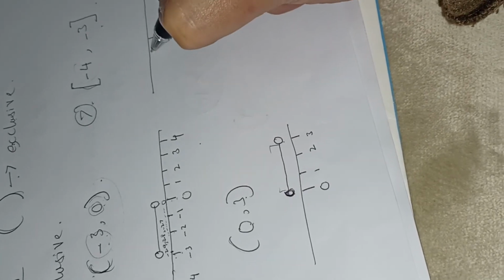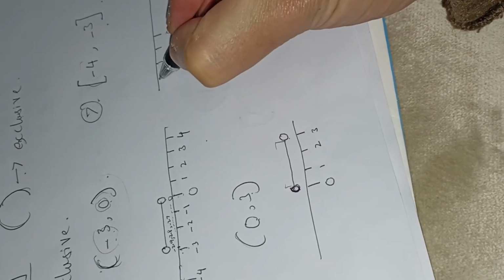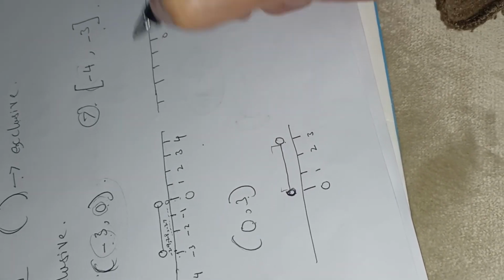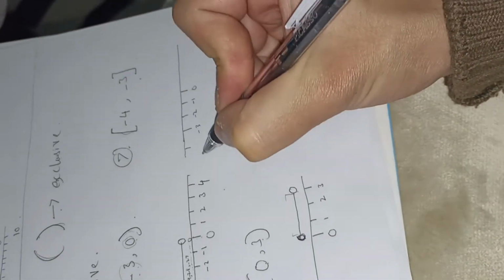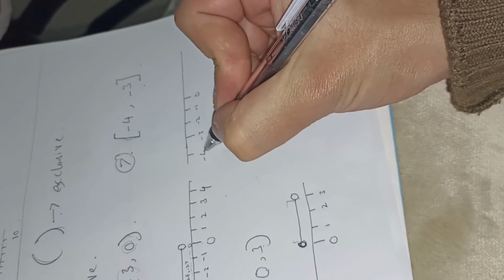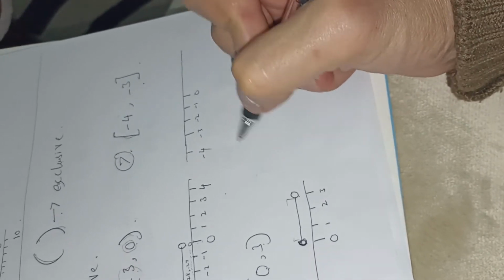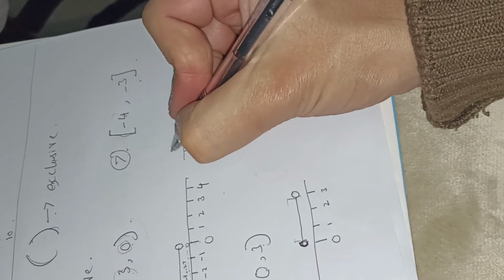This is 0, 1, 2, 3 and 4. So this is minus 1, minus 2, minus 3, and we will go until minus 4.